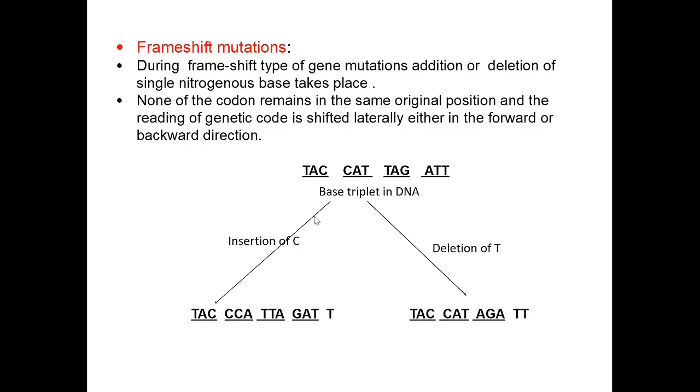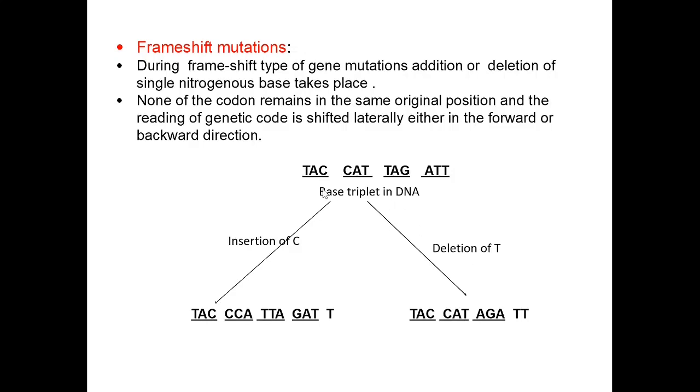Now, this is the insertion. As we have already studied, one nitrogen base is added, cytosine is added at this position. So it becomes TACCCA, and all the triplets change beyond this. CAT now becomes CCA, TAG now becomes TTA, ATT becomes GAT, and one thymine is left outside.